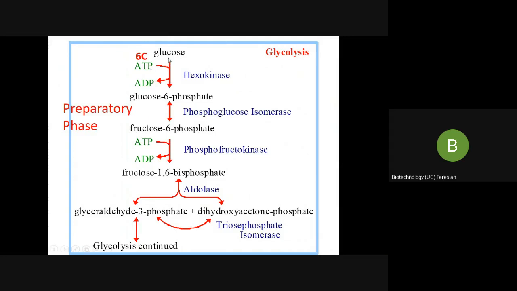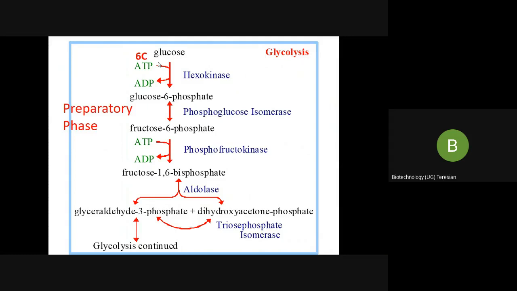So our starting molecule is what? Glucose. It is a carbohydrate. It is a 6 carbon molecule. This glucose gets into our small intestine and then into the bloodstream. So now your blood sugar increases.